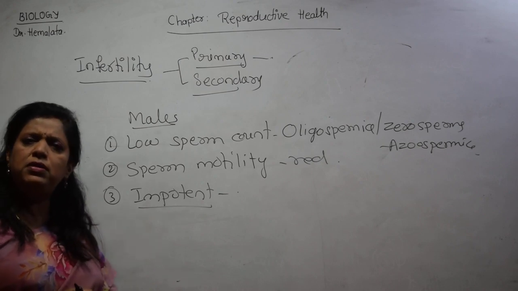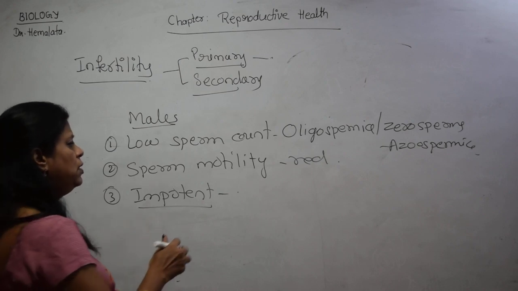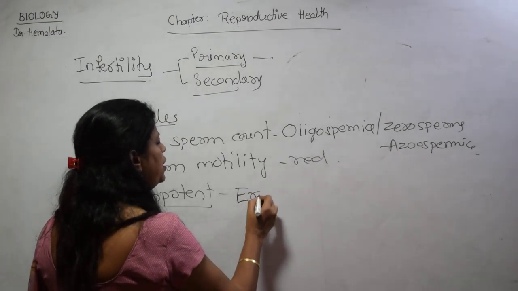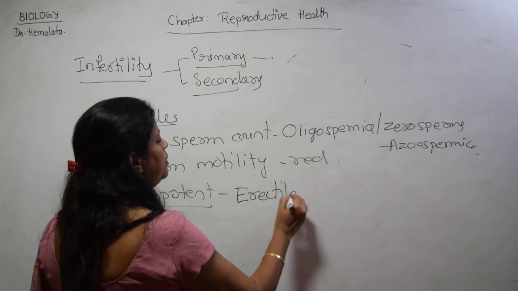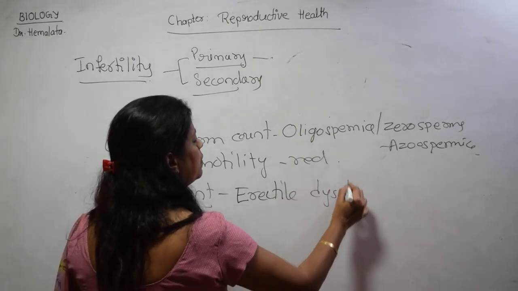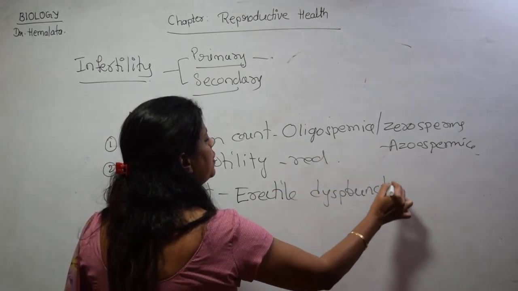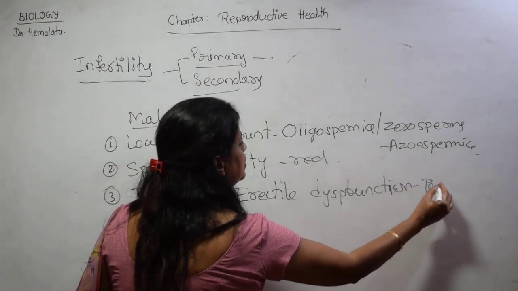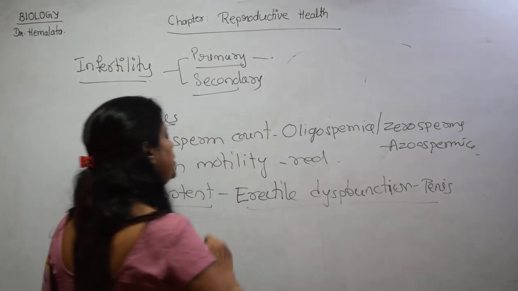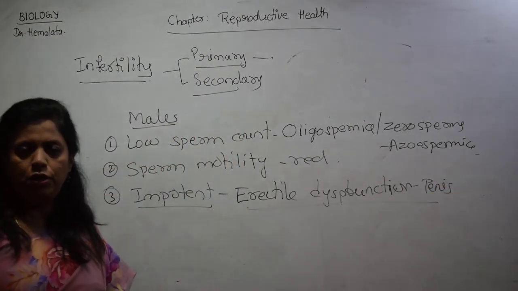One of the major reasons they are called impotent is because they may have some erectile dysfunction of the penis. Very important word I am using, erectile dysfunction.